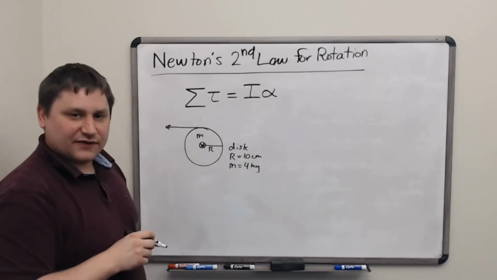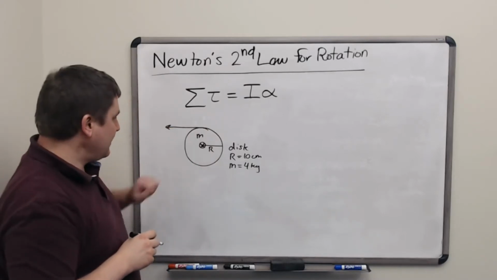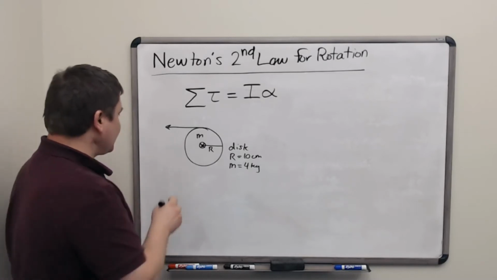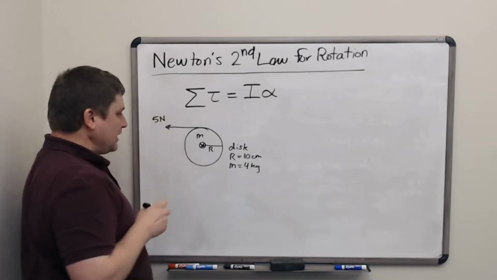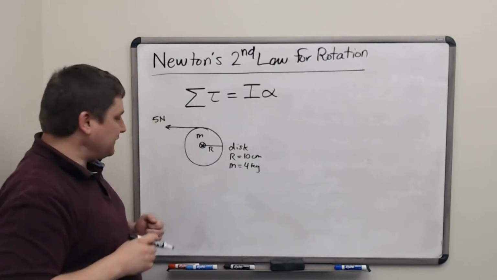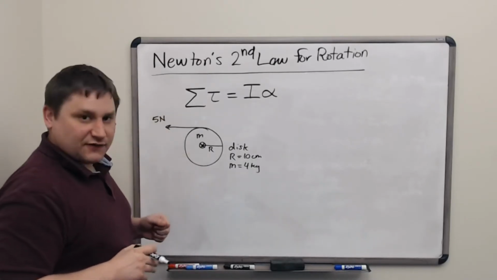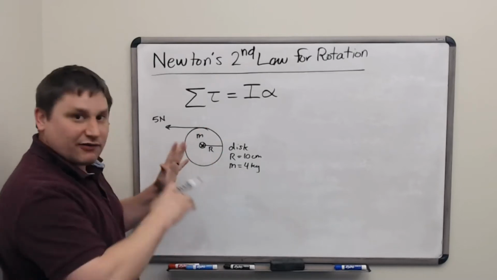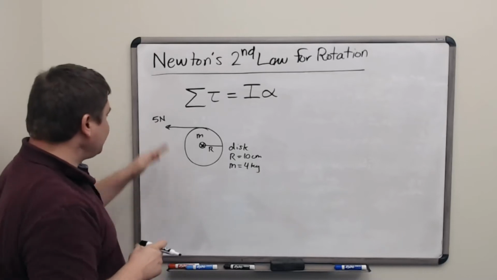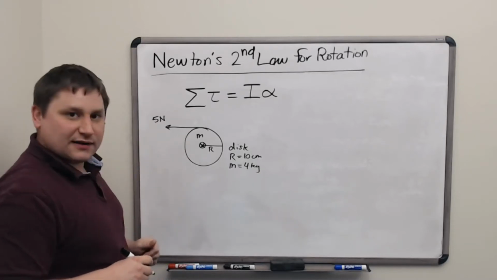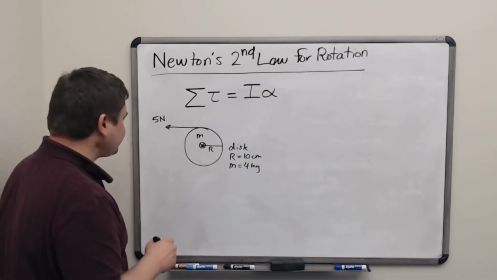Around the edge of this cylinder at a radius of r is wrapped a string, and that string pulls with a force of 5 newtons. The center is fixed, so the disk is not going to move to the left with the force, but the force will cause a torque and cause this thing to rotate.